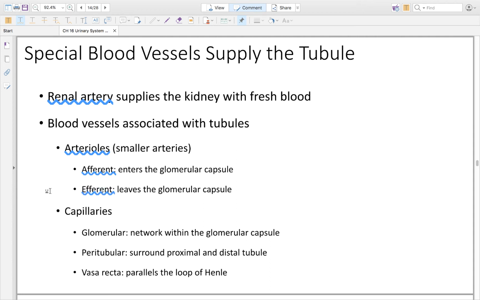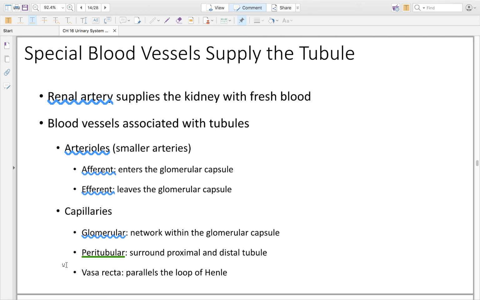The afferent allows blood to move into the glomerulus, and efferent carries blood away. Now we have other networks as well. The glomerulus is a network of capillaries, and these are super important. I'm going to talk about them in upcoming slides.